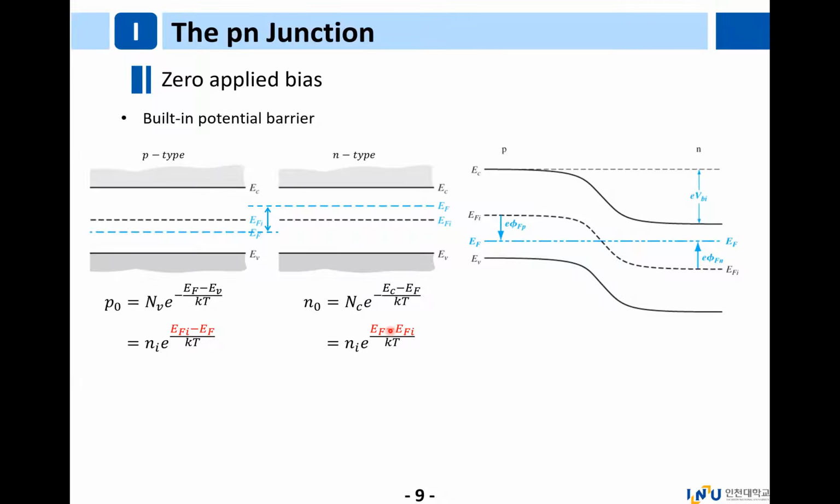So the energy band diagram for this p-n junction is as follows. By adding the bending on the p-type side, right, and the bending on the n-type side, we obtain the total bending of the energy bands.